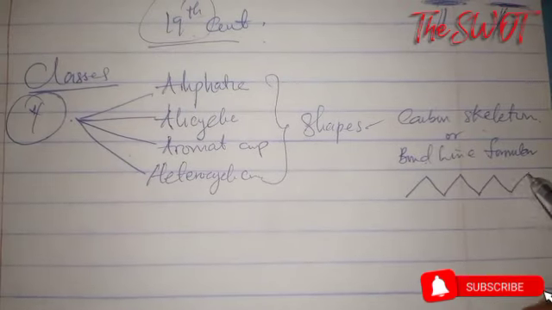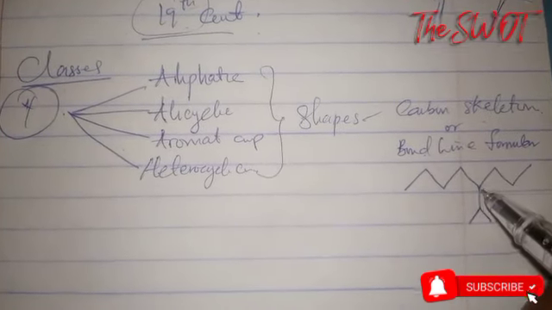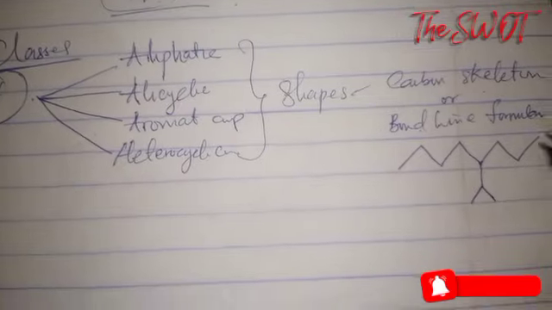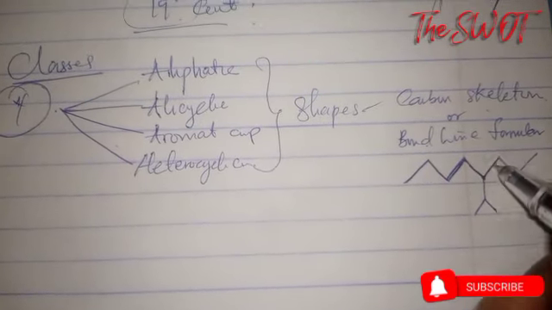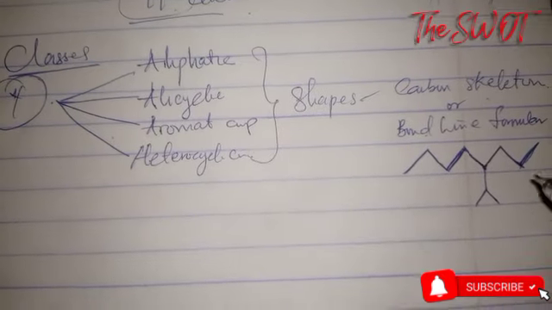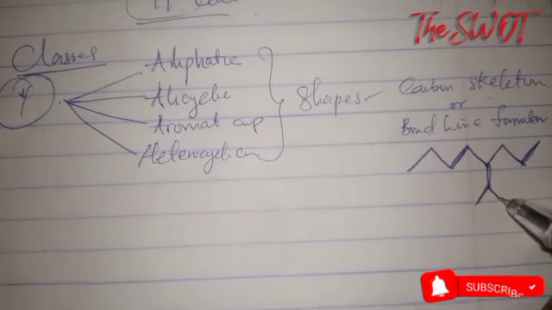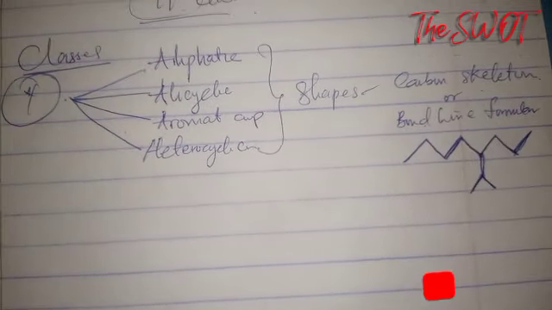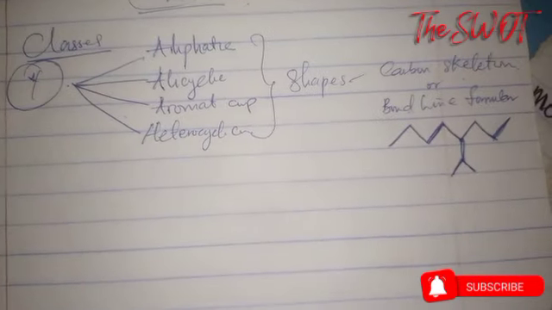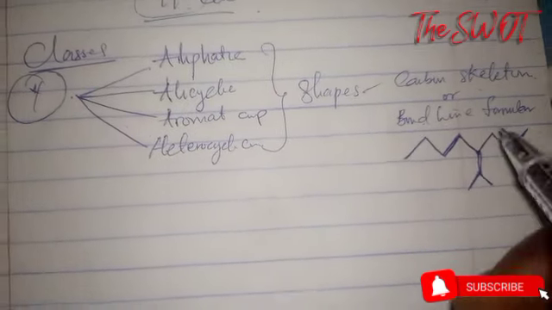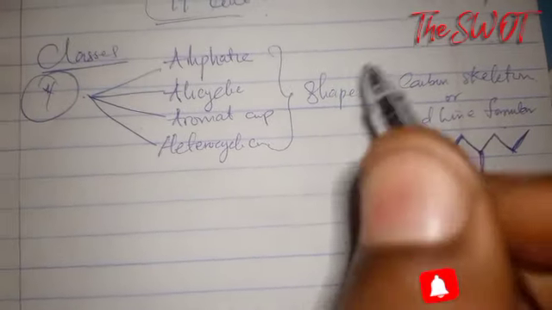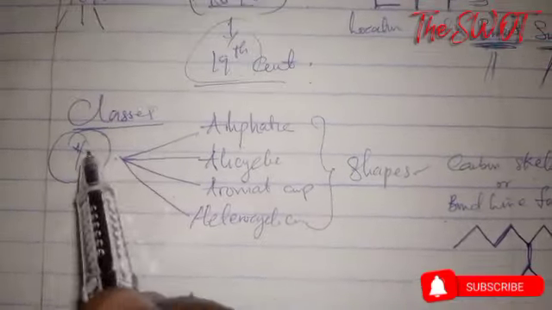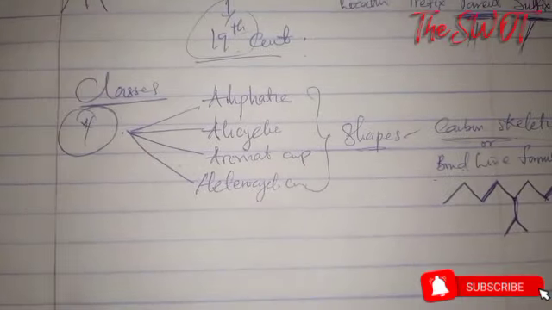This is an example of bond line formula, meaning that your carbon structures or bonding has now been represented in the form of lines, the carbon skeleton. We are still going to talk about bond line formula, but the first way of classifying organic compounds is based on the carbon skeleton.